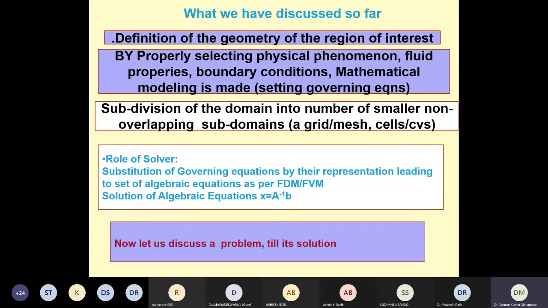Okay, friends. So the steps we discussed are geometry, discretization, and then setting the equations in the form Ax = B, either using the finite volume method, or the finite difference method, which Professor Vishwas has already discussed and which happens to be a cousin of the finite volume method.